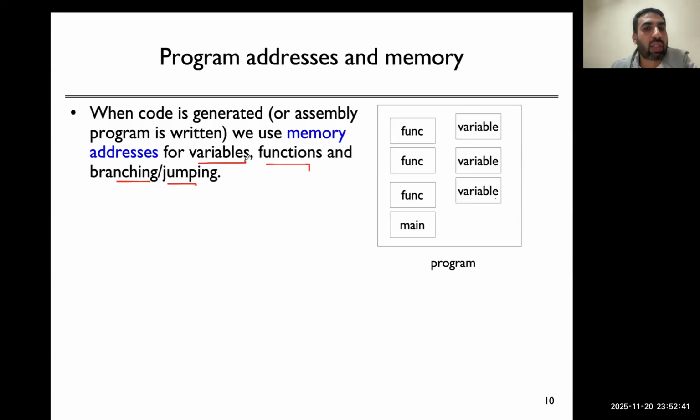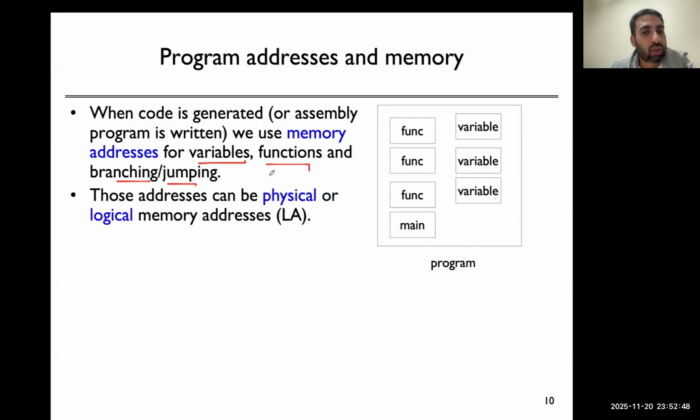Even if you are not writing in assembly but in a higher-level language, this is typical: you will have variables and multiple functions. If you have variables and functions, then when the program is executed, the hardware doesn't know anything about the variable name x, for example, or your function, for example foo or my function.